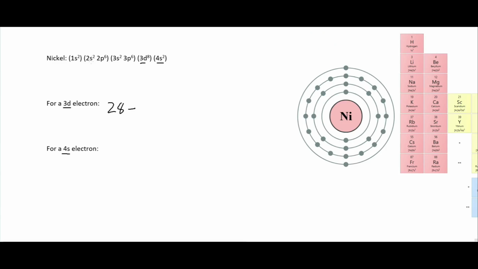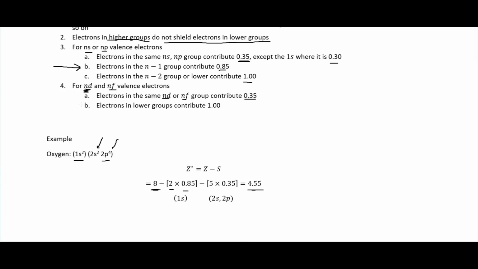We see that there are 7 other ones in the same d orbital, so we have 7 times 0.35, because there are 8 here but we're looking at one of them, so there are only 7 other ones. Then we look at rule 4b: electrons in any lower groups get a 1.